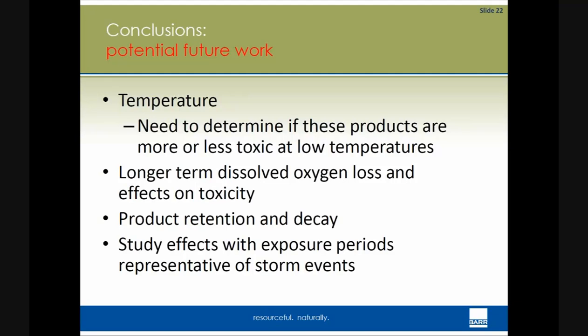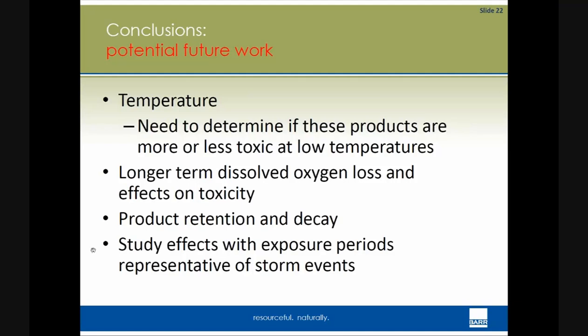We don't know exactly how these products will behave in the environment at low temperatures and how they may affect the dissolved oxygen levels. Product retention decay is something also to consider when determining potential effects of these chemicals in the environment.